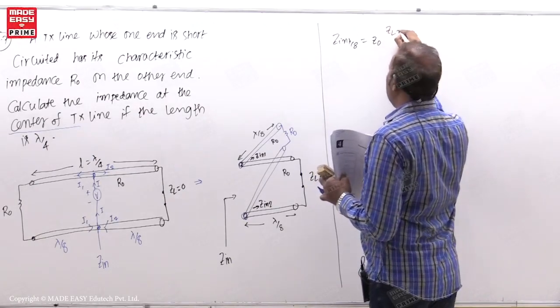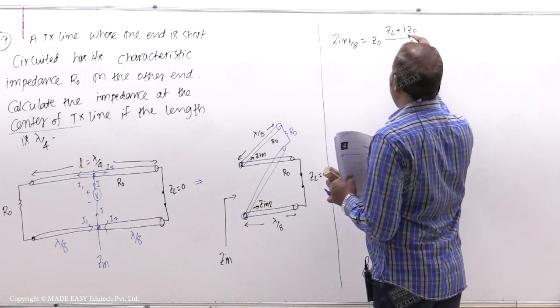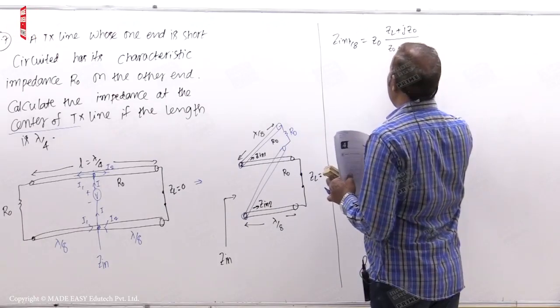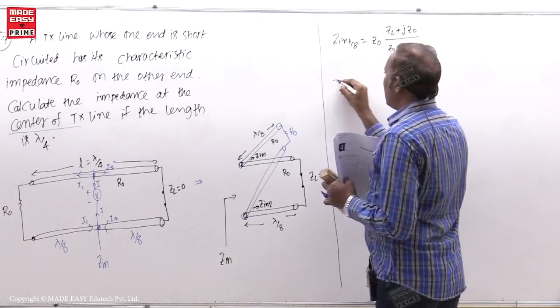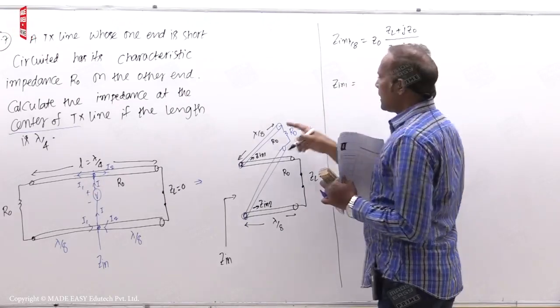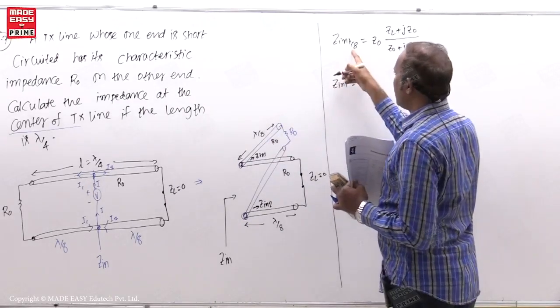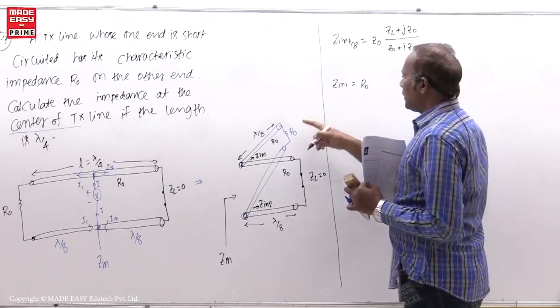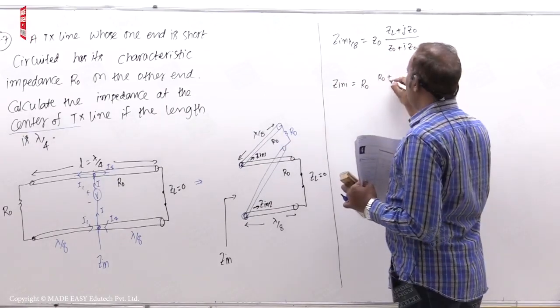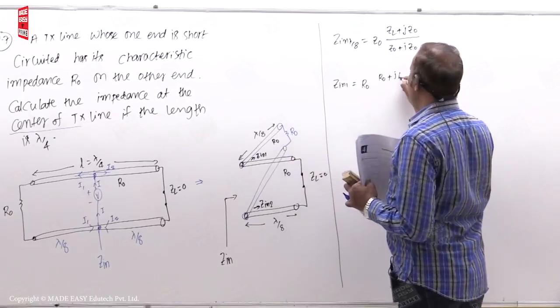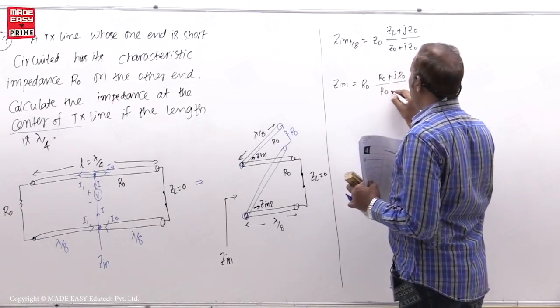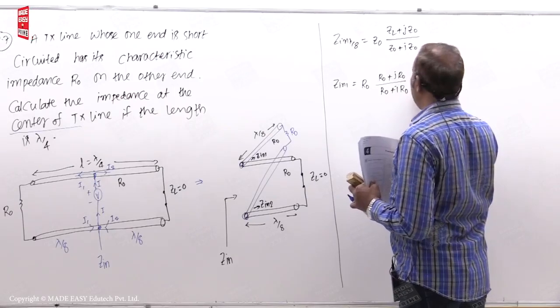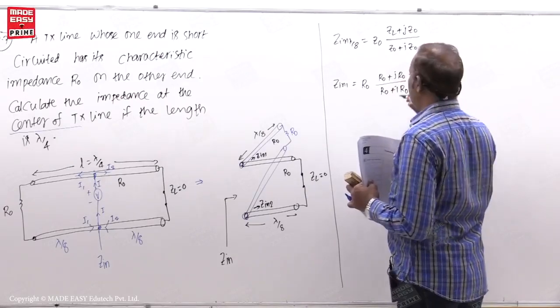Zin equals Z naught times (ZL plus jZ naught) divided by (Z naught plus jZL). Now, what is Z in 1? That is a lambda by 8 line. For this, Z naught is R naught, and ZL is R naught. So R naught plus jR naught divided by R naught plus jR naught. Cancel, you get R naught.